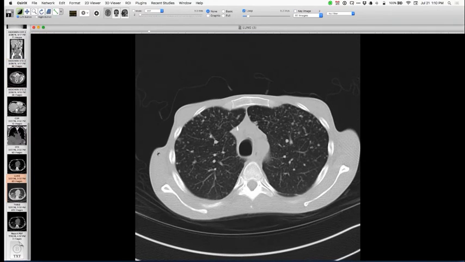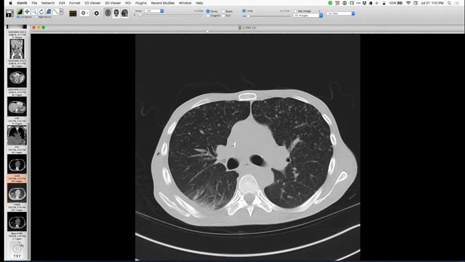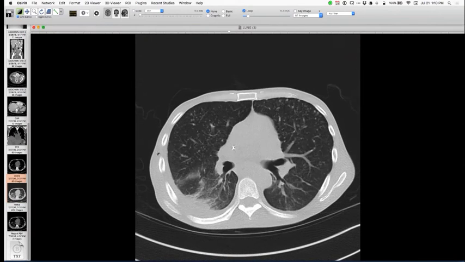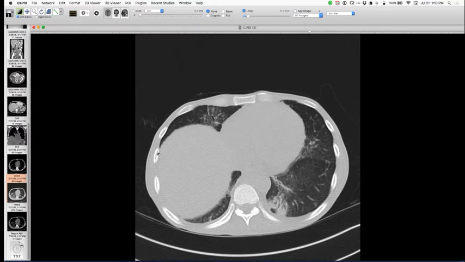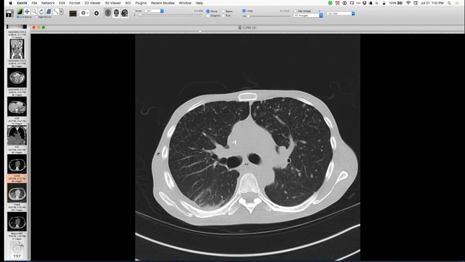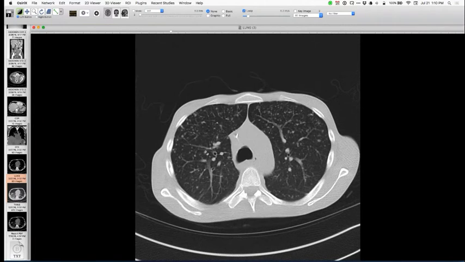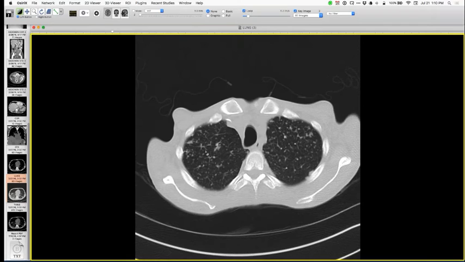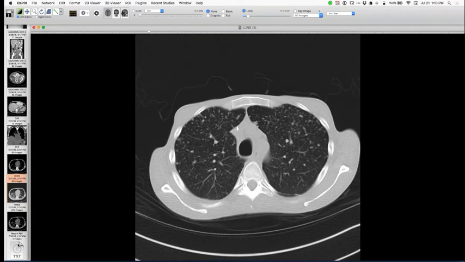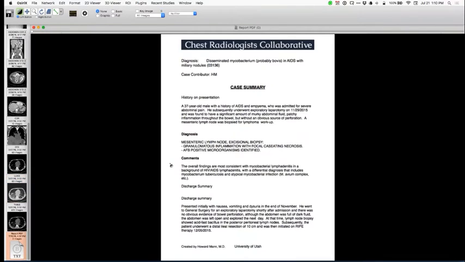So he's got innumerable small nodules. Some are definitely in the millet range or miliary nodules. Some are a little bit larger. And subsequently, some of the pleural fluid cultured out tuberculosis as well. So I think it's very likely that this is disseminated mycobacterial infection in that context.